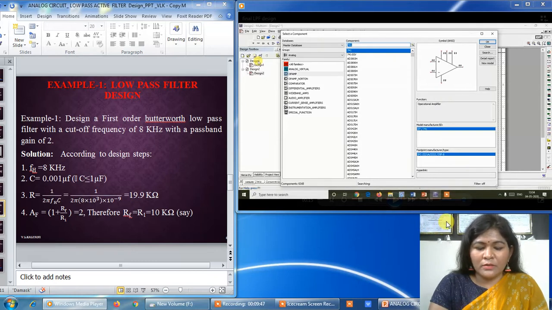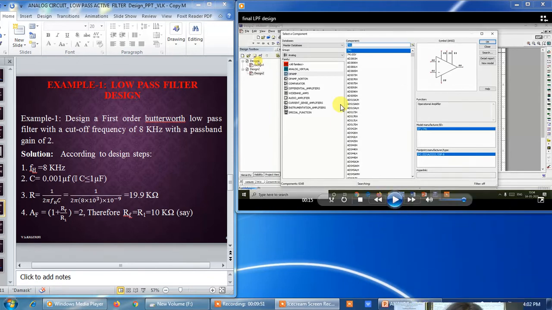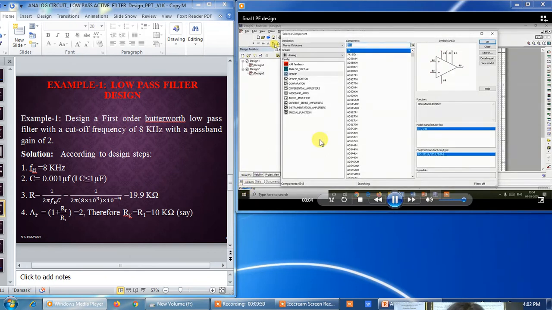So here, as you can see, this is the Multisim software. First you have to choose the op-amp 741 IC.